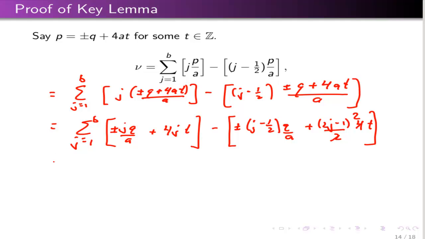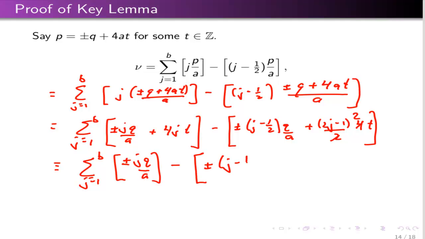And so mod 2 you'll have plus or minus jq over a, and minus plus or minus (j - 1/2)q over a, right? Because this is an even whole number, you pull it out of the bracket and then cancel it mod 2. Likewise with this term right here. So, well, that looks familiar.